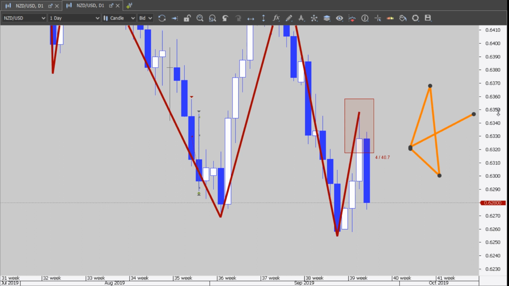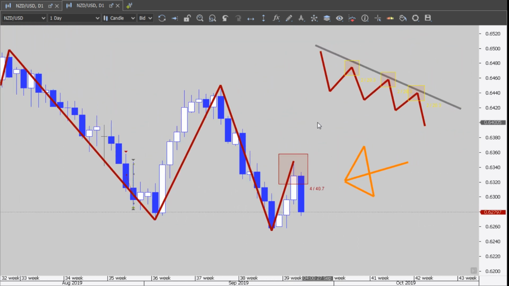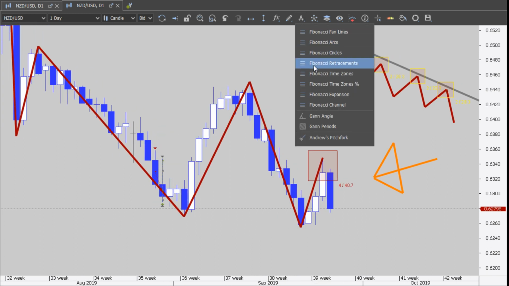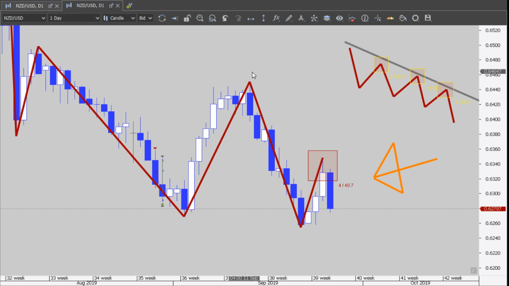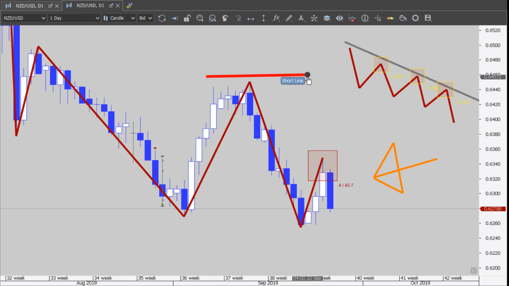So, NZDUSD. Where should the stop loss go? Well, from the daily standpoint, the stop loss should go up in here. Why is that? Always the same, extension, retracement, extension logic. Okay?